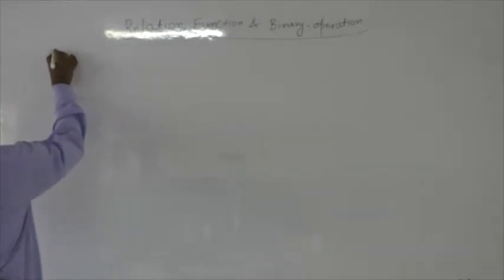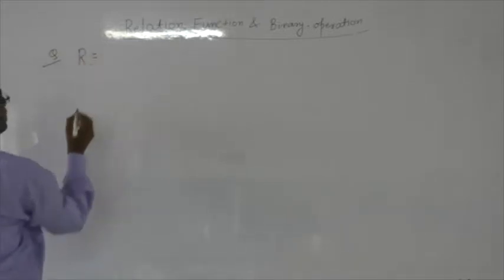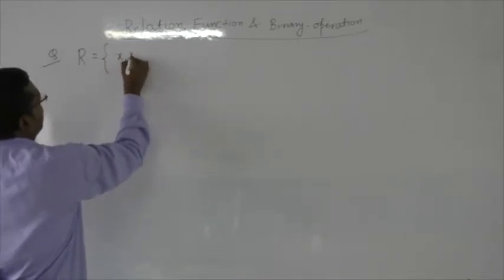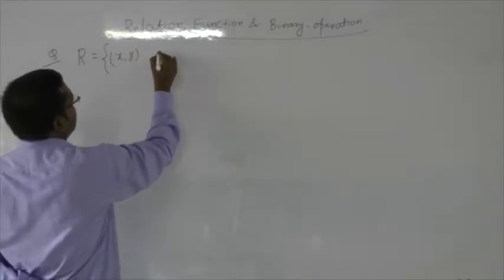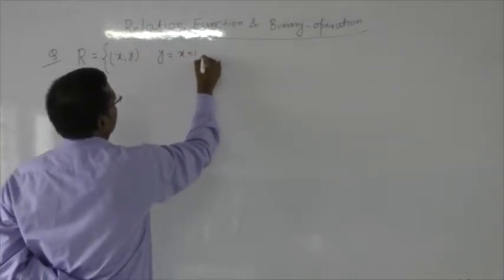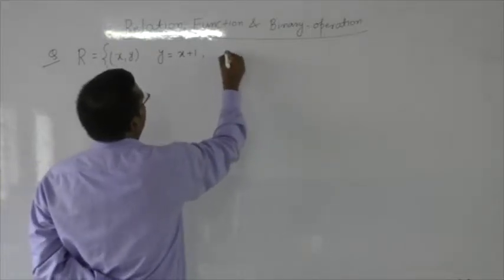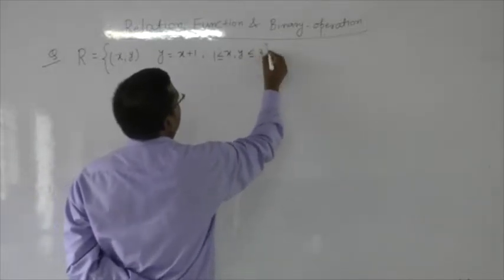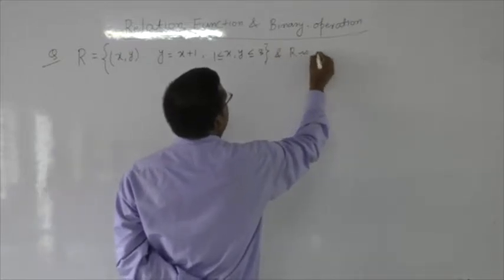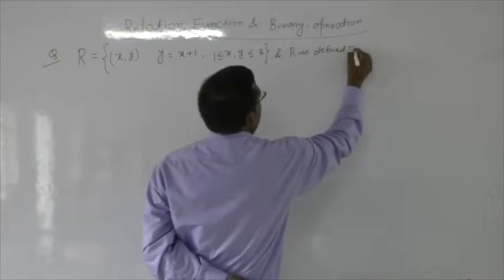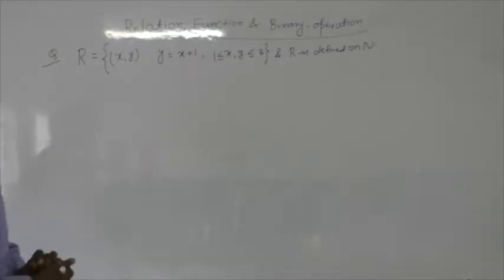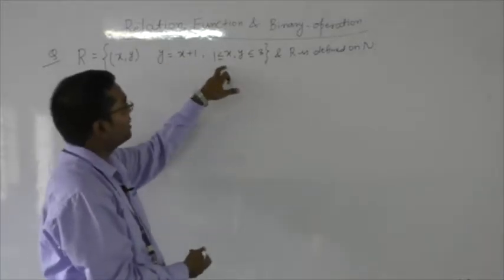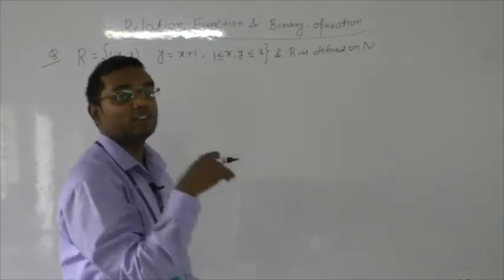Suppose we have a question given: there is a relation R which is defined on the set of natural numbers such that the pair (x, y) satisfies y equals x plus 1, and x and y both are less than or equal to 3 and greater than or equal to 1, and R is defined on the set of natural numbers.